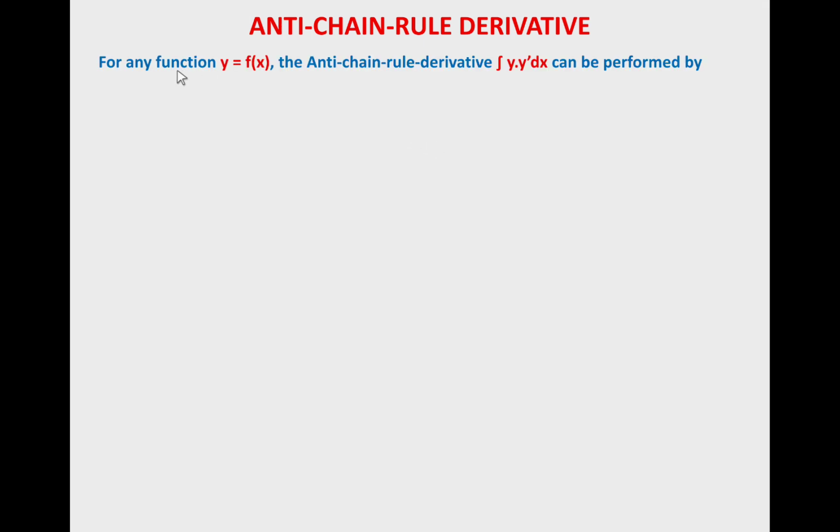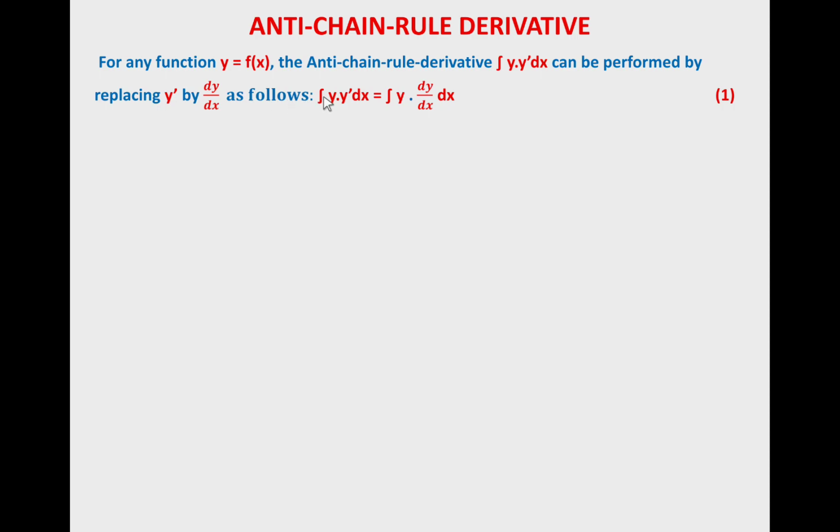We say for any function y equal to f of x, the anti-chain rule derivative, which is represented by integration of y multiplied by its derivative y prime dx, can be performed by, and we're going to go ahead and just expand y prime to dy by dx.